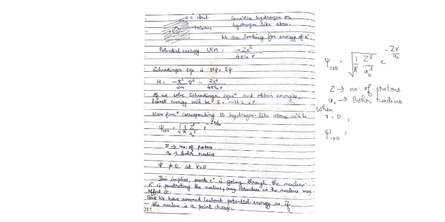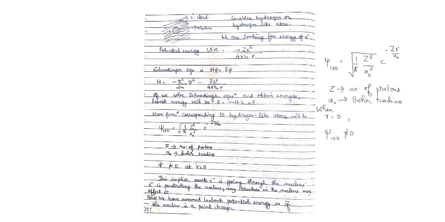So your psi 100 is not equal to 0. Now, can you just tell me what that means? This just implies that psi 100, the ground state electron wave function, is not equal to 0 at r equal to 0.